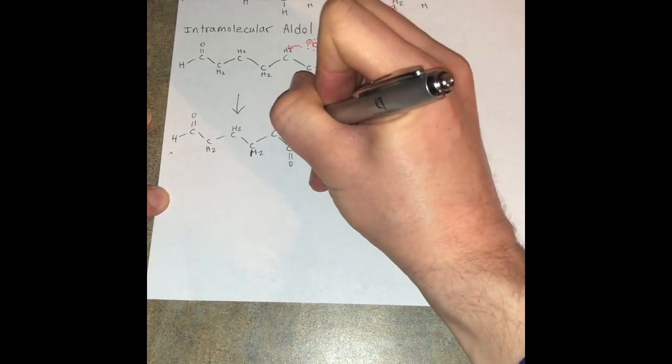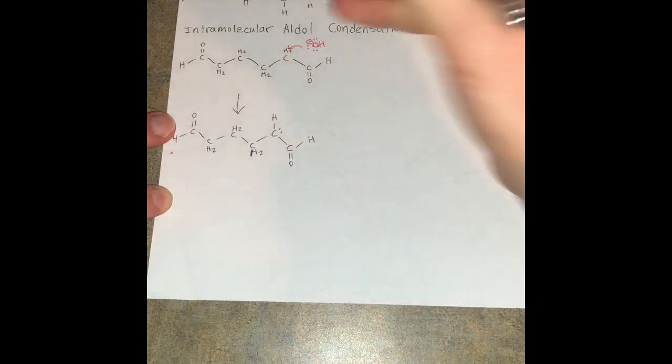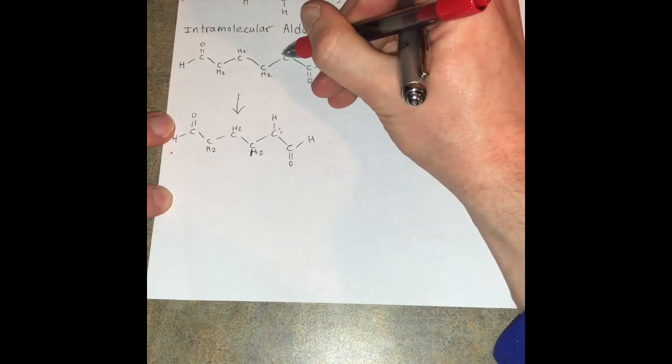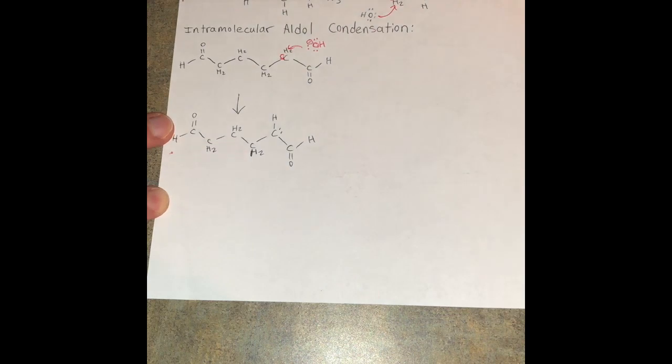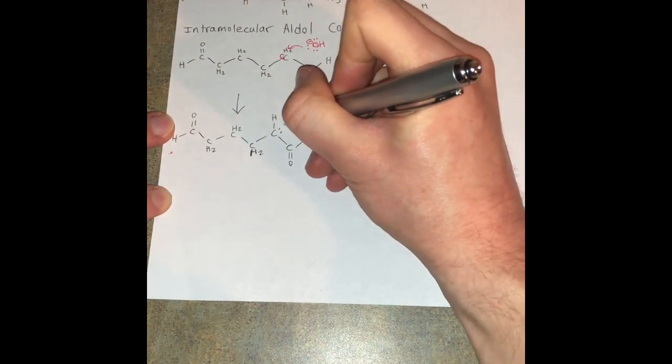This carbon now has a pair of electrons because remember, when you steal an H, the bond between the H and the C falls onto the C. So that's where we get this lone pair here.